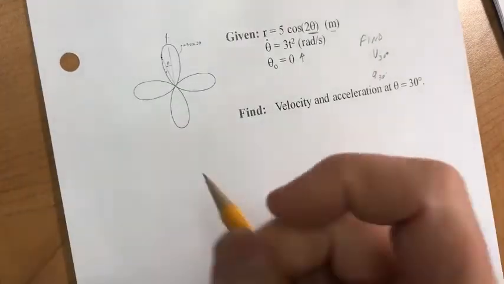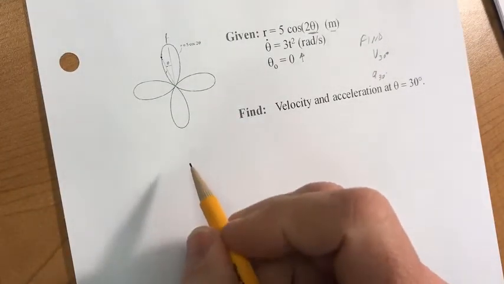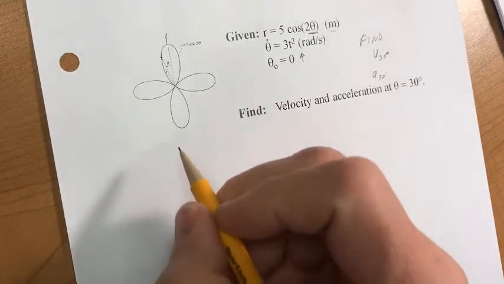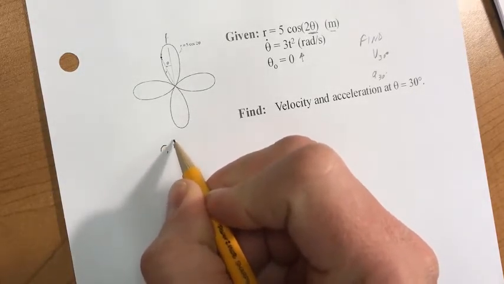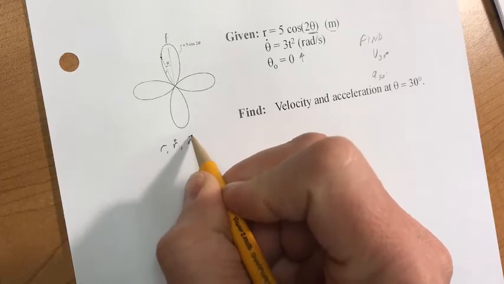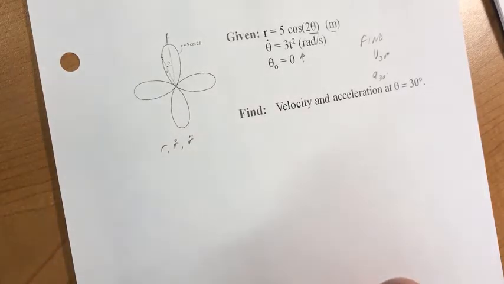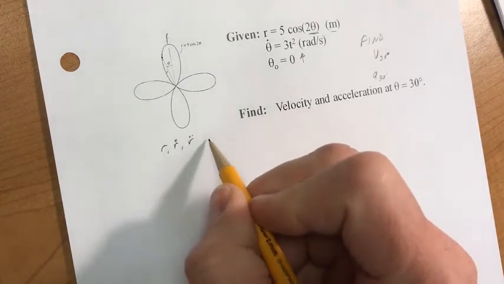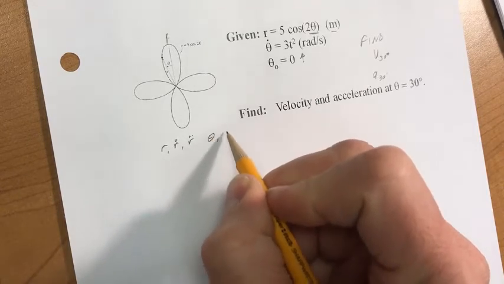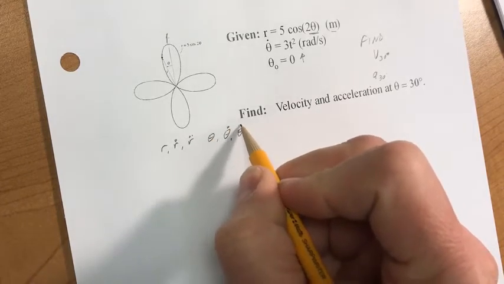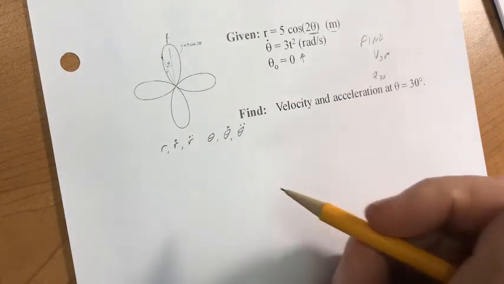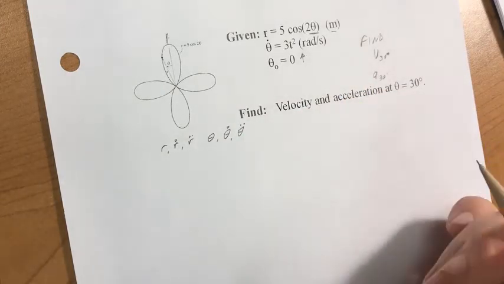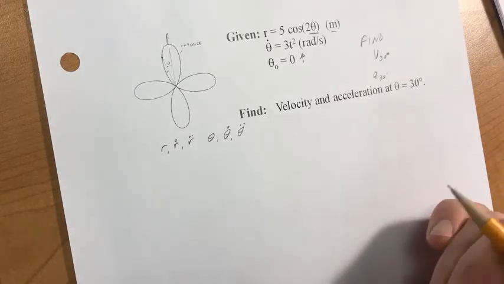To do that, we know in our equations we're going to need r dot and r dot dot, the velocity and acceleration in the radial direction. We're also going to need theta dot and theta dot dot. So we have a function here, so we can find all those, and then we'll plug them in our velocity and acceleration equations, and we'll be done.